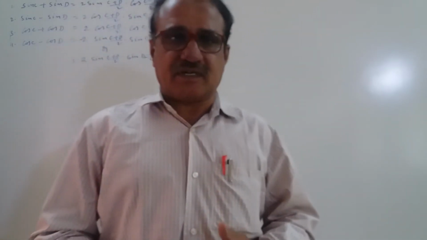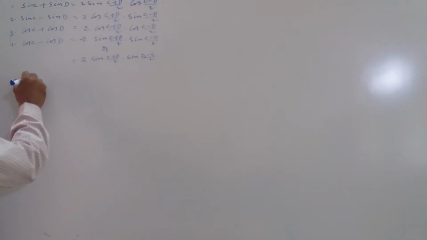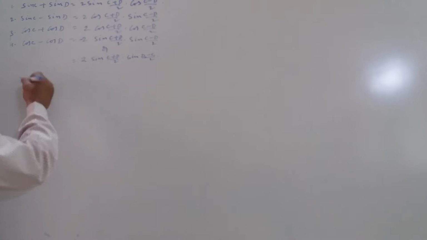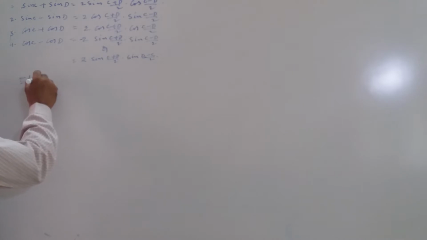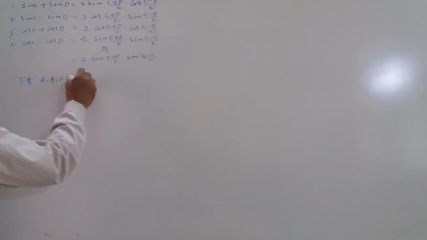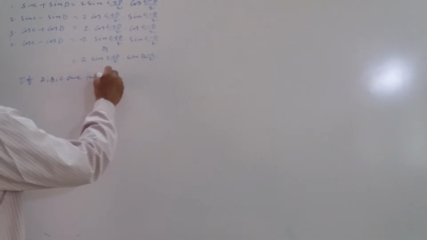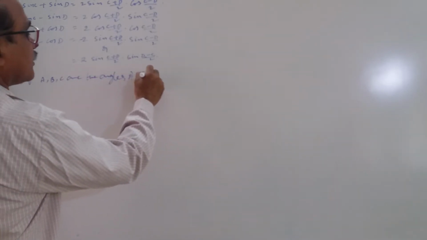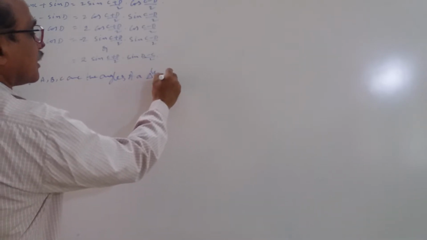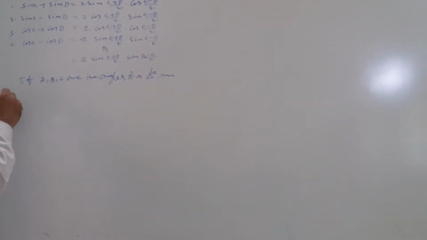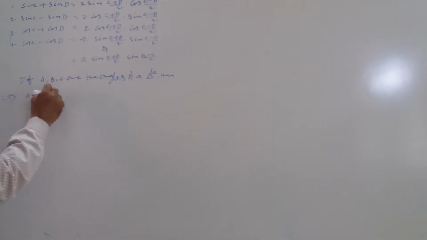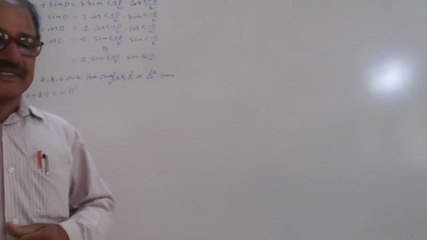If A, B, C are the angles of a triangle, then A plus B plus C is equal to pi radians, 180 degrees. In this case, how the angles may be changed, we have to discuss.